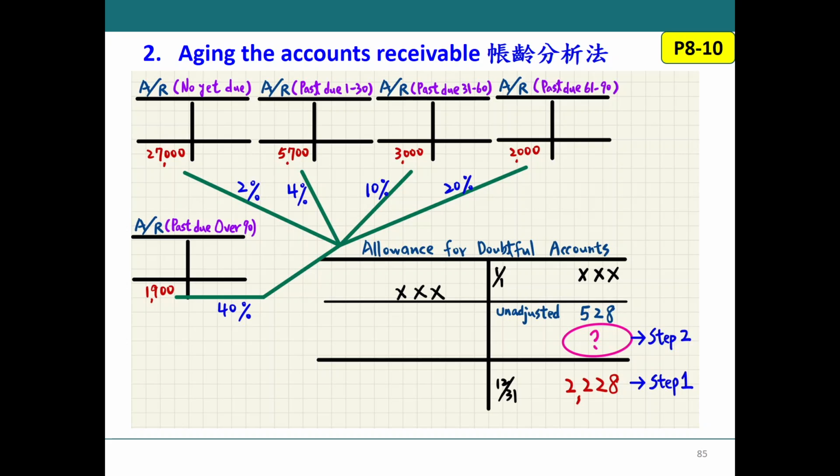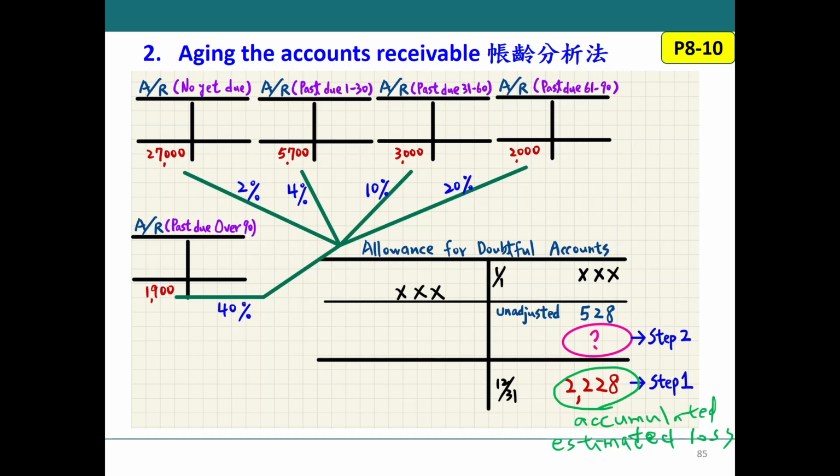On your slide, page 85. After we consider the age, 2,228, this is our total accumulated loss, right? After we get the total accumulated loss, the estimated loss, then you have to consider that we still have some amount on our accounting books, right?